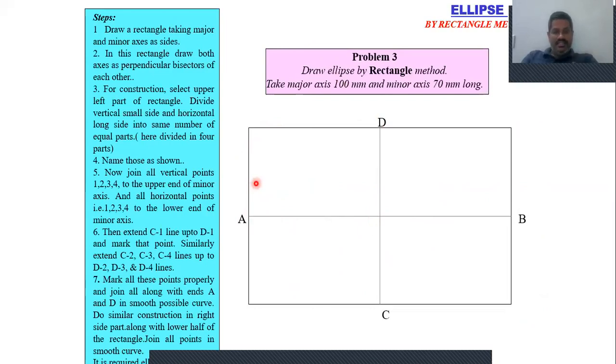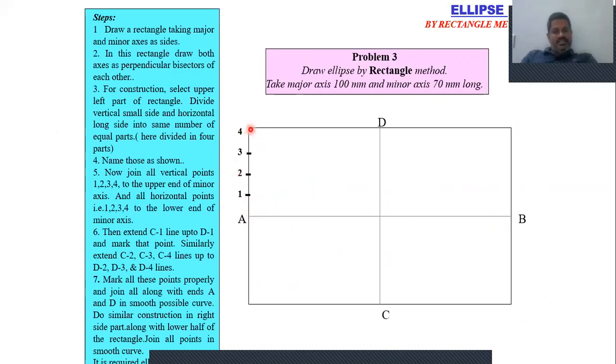So say in this case, I am dividing this height into 4 equal divisions. As you can see, 4 equal divisions. Normal procedure we have to follow to divide a line into equal number of divisions.